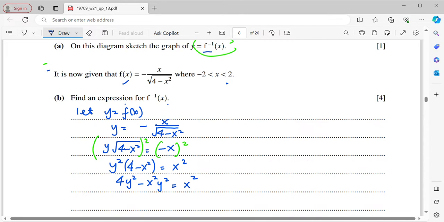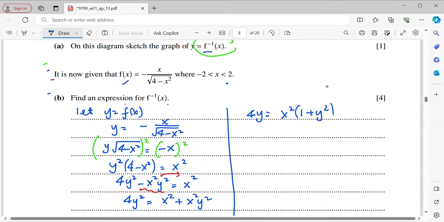Now I need to group the x squared, so this negative x squared y squared will be moved to the right side. Then I will get 4y squared equals x squared plus x squared y squared. For the right hand side, I will factorize the x squared, then you will get 1 plus y squared. Now my x squared will be 4y squared over 1 plus y squared.